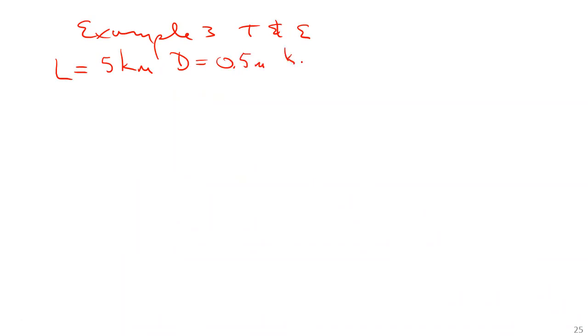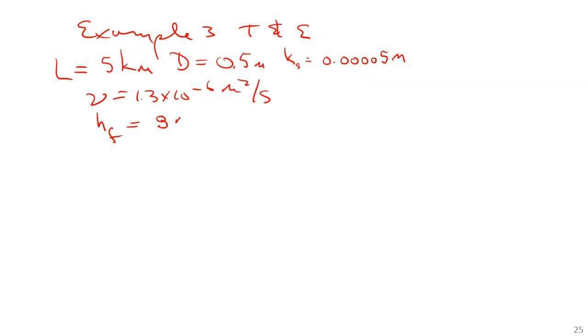We've got an absolute roughness of 0.12345 meters. And we had water flowing. And we had a friction loss of 8 meters in that 5,000 meters. So that's the same problem as before.